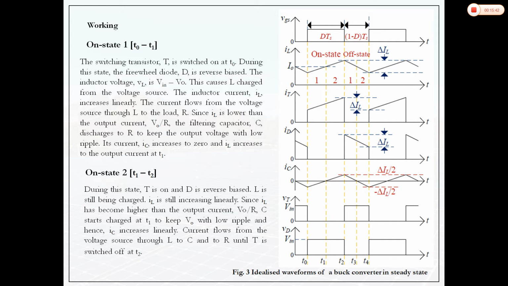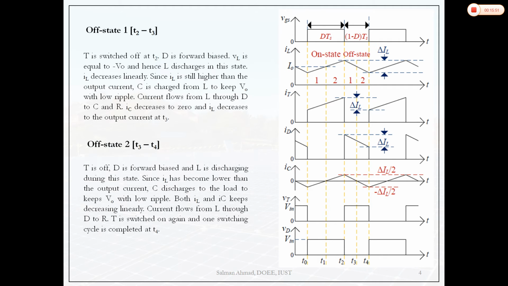So from these waveforms we can draw the conclusion for the ratings of these individual devices. So these are the workings of the different modes. You can read from these slides.